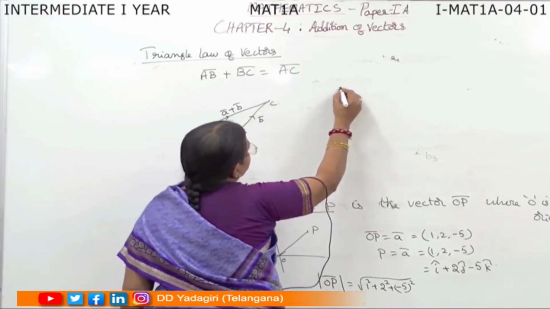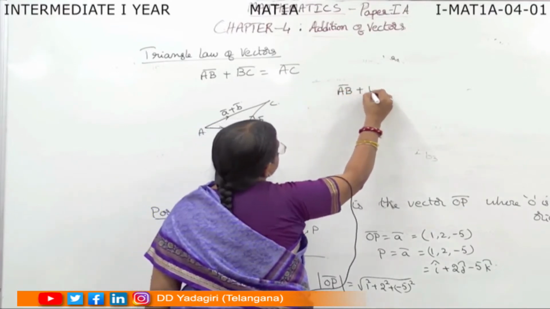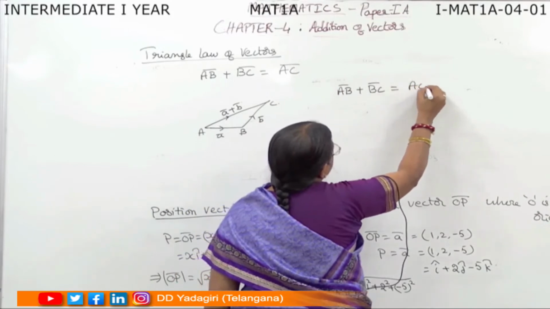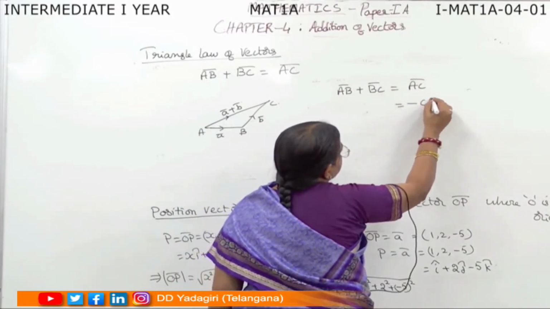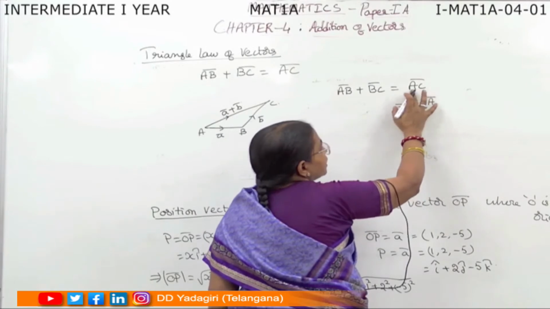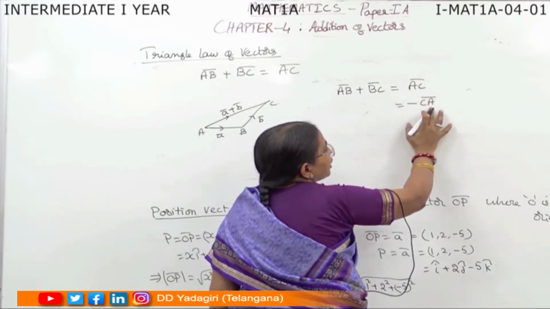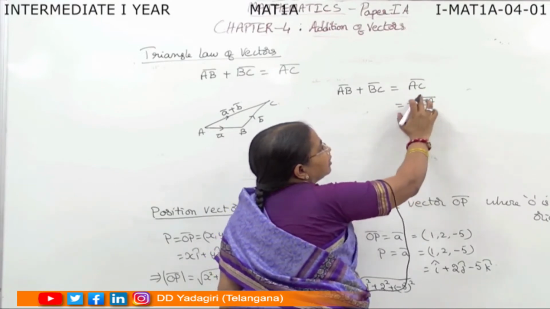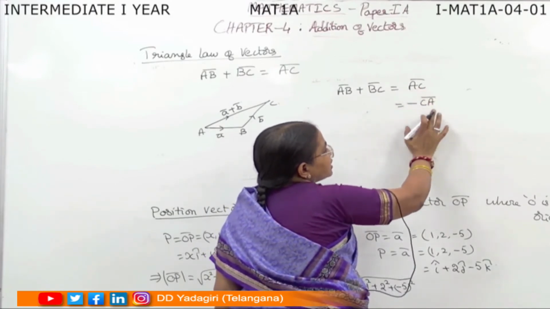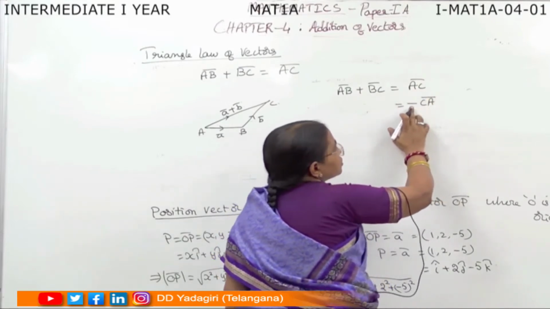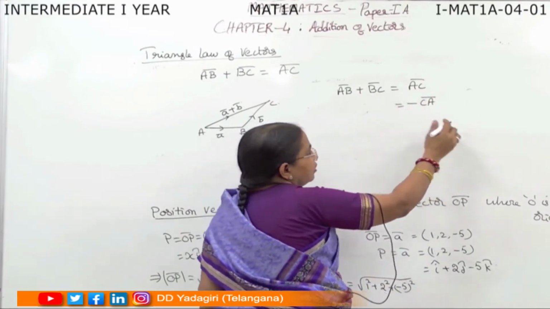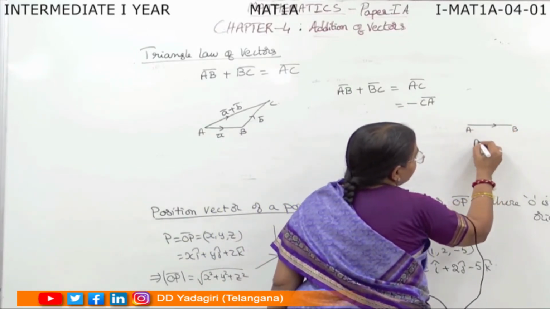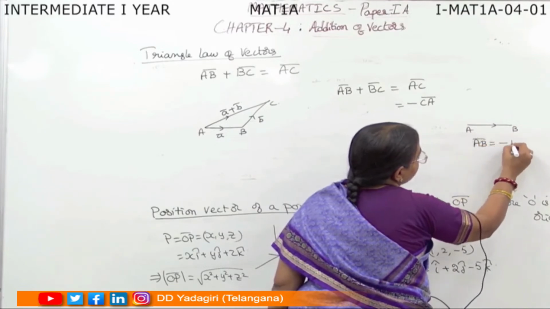Now see, you have AB plus BC is equal to AC. AC can also be written as minus CA. When you interchange the initial and terminal point, that means the direction is changed, so you will write the negative of the vector. AC is minus CA. You are changing the direction, so you must change the sign. You have seen in the negative of a vector, AB is a vector, then AB is equal to minus BA.